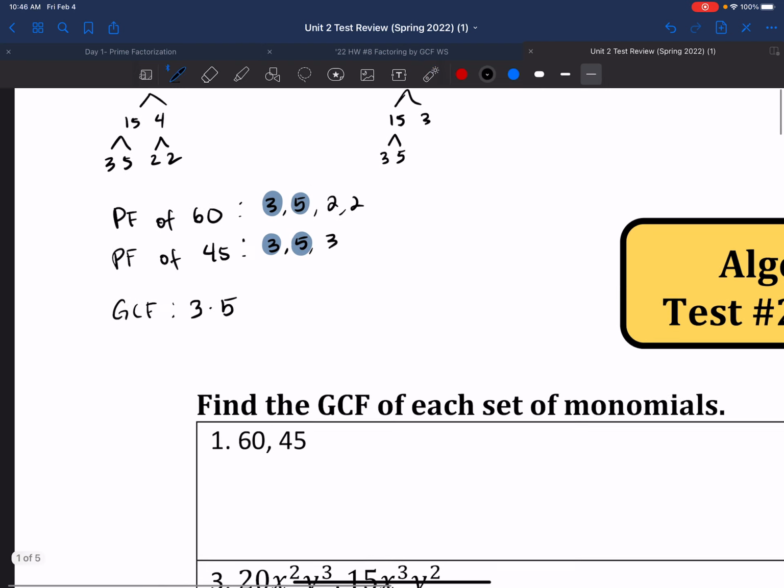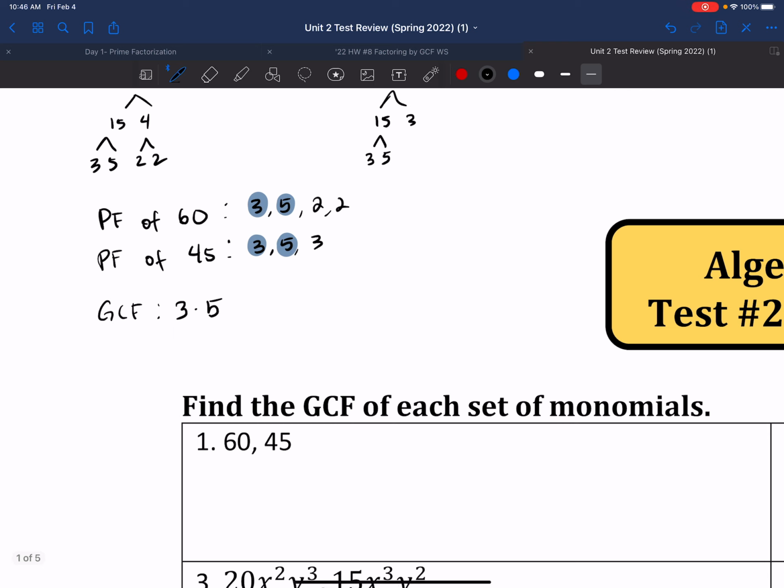My GCF is 3 and 5. I multiply those two, and that gives me 15. So my GCF of 60 and 45 is 15. That's my answer.